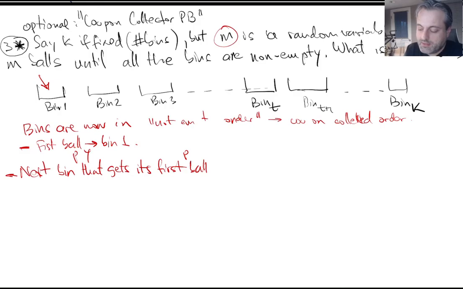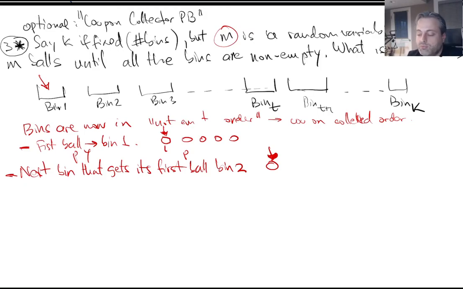Is bin 2. So that means the first ball maybe went here. Here it is, that's the first one. But maybe there were some other balls that went here. It's possible that the next two balls, this is ball 1, but then I got a bunch of balls that all fill in bin 1. I'm not sure. But in here, it's the next ball, that's the next coupon, because we don't care about the coupons that get the same bin. That will be the same coupon collected a number of times, but we care about collecting different coupons.